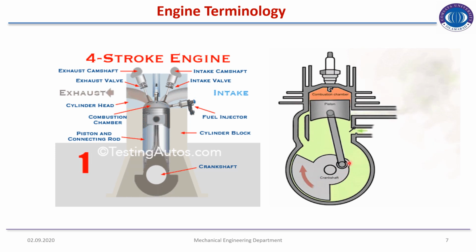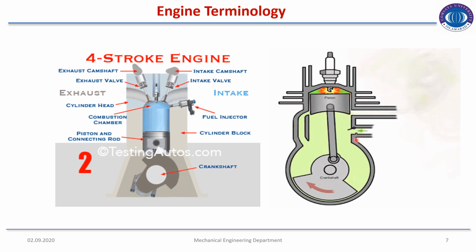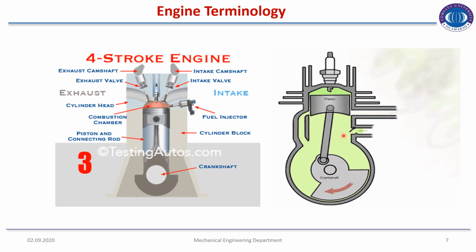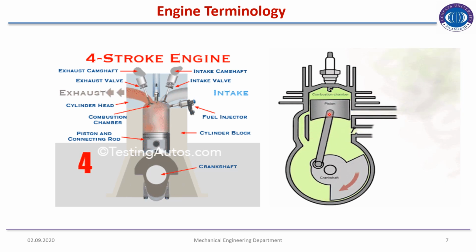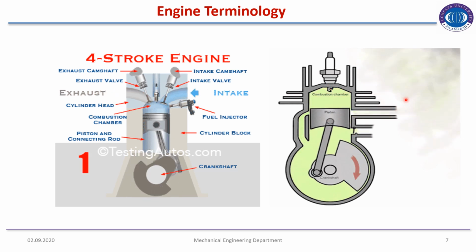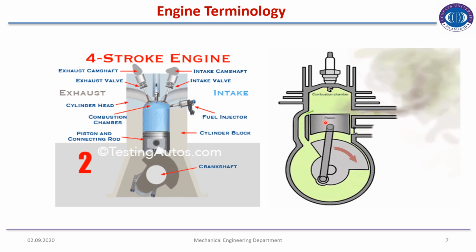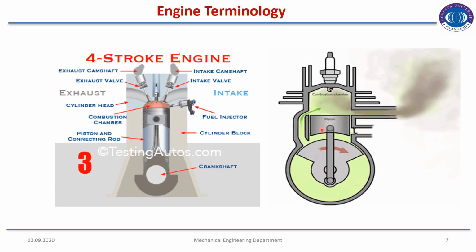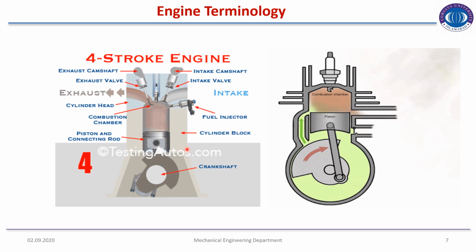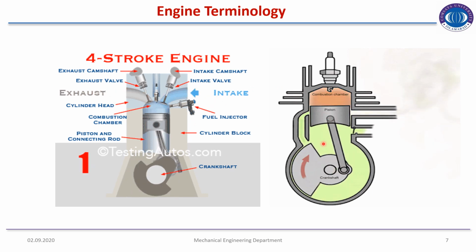So look, as the inlet moves here, it will be compressed, spark, and it will be taken out. So the two-stroke engine performs all four of these processes in two strokes.